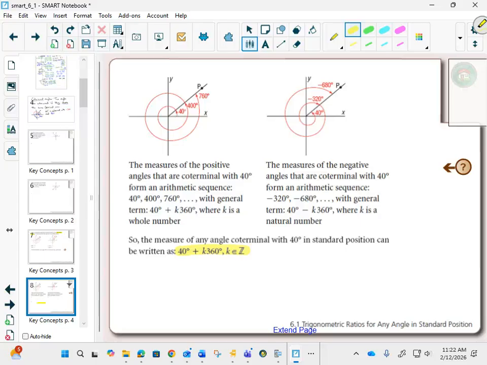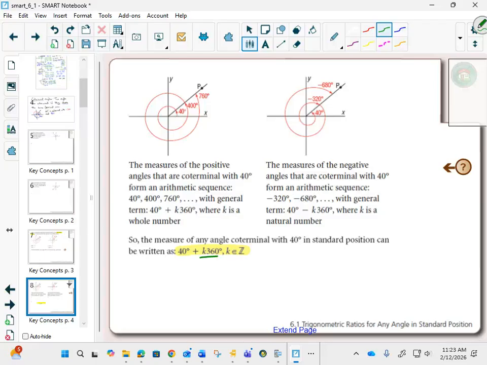All the angles coterminal with 40 degrees, we would say, well, start with 40 degrees. Then this part right here says you can add or subtract 360 degrees as many times as you want. If you add 360 once, you get 400. If you add 360 twice, you get 760.